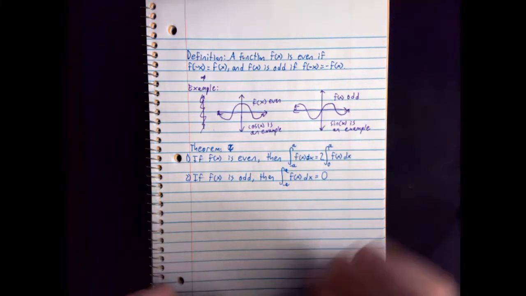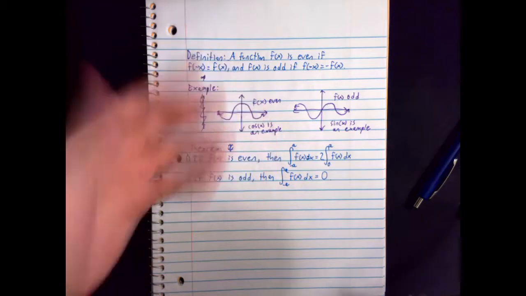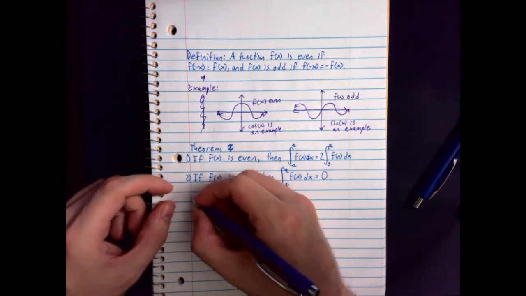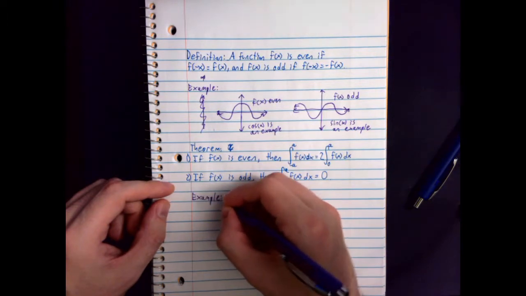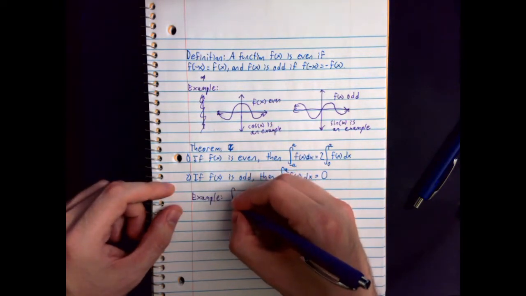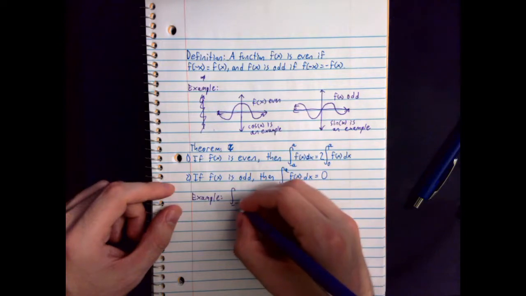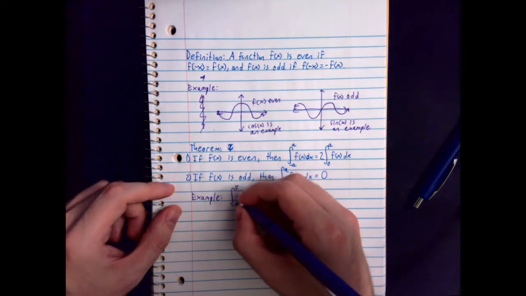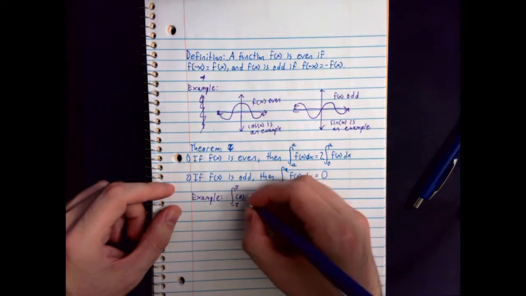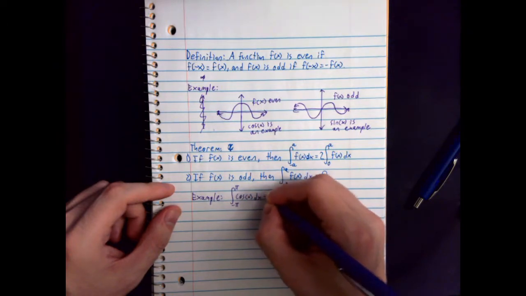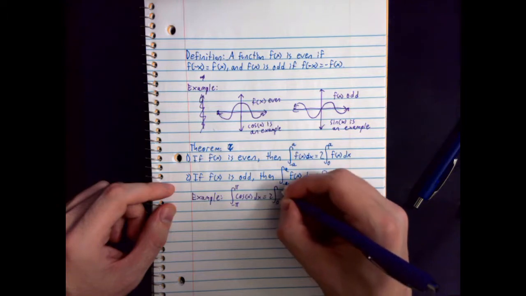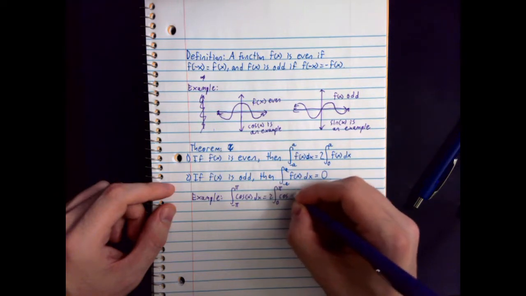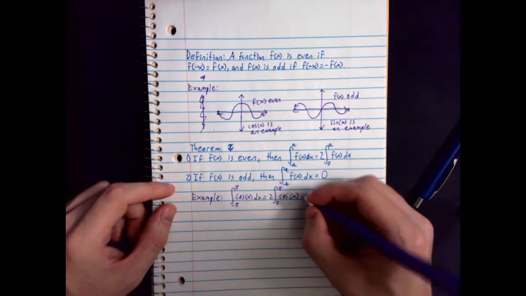Okay? So as an example of this, we'll just go ahead and use the two functions that we have up here. So we have that the integral from negative pi to pi of cosine of x dx is equal to 2 times the integral from 0 to pi of cosine of x dx.